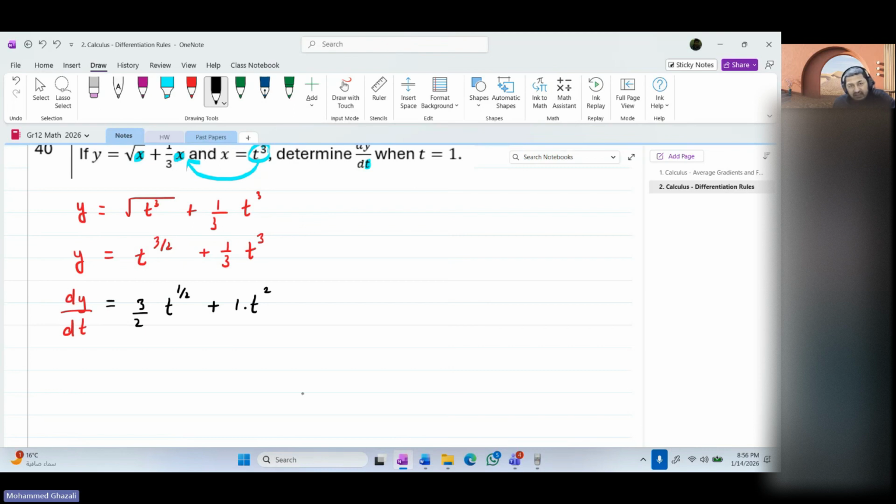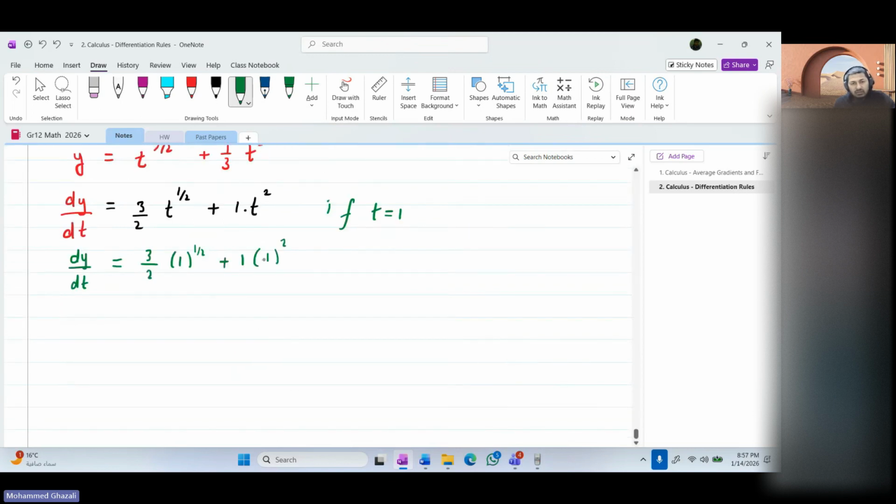Now we want to find the value of this when t is 1. So if t is equal to 1, we're getting dy dt is equal to 3 over 2, 1 to the power half, which is just 1, plus 1 times 1 squared.